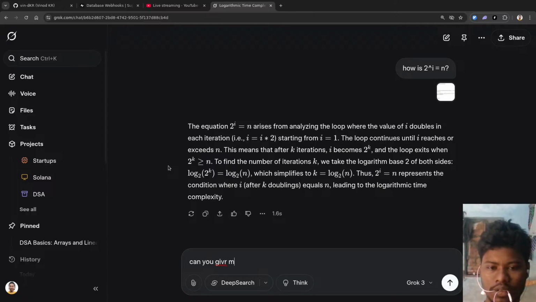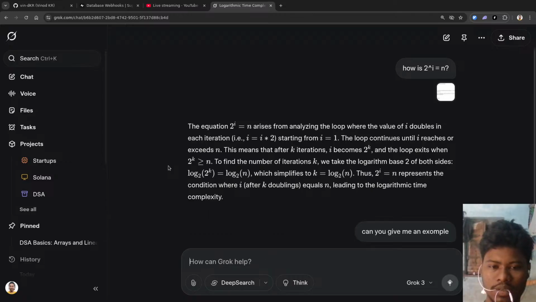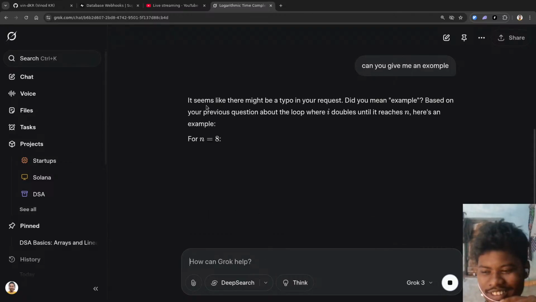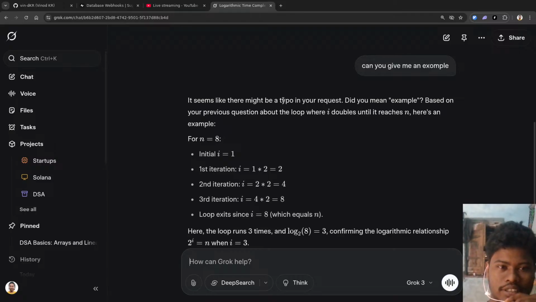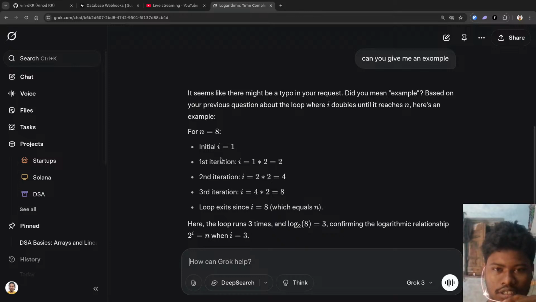Can you give an example? For 8. Initial i is 1, then 2, then 4, then 8.